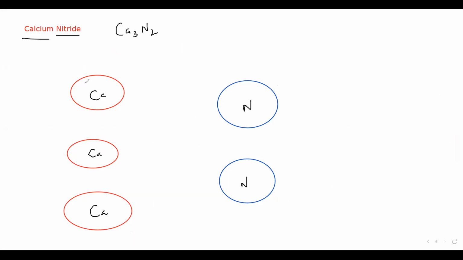Each calcium is having 2 electrons in the last shell. This is only the last shell we are drawing, not the full structure. And nitrogen belongs to group 5, so it is having 5 electrons: 1, 2, 3, 4, 5. Then 1, 2, 3, 4, and 5.